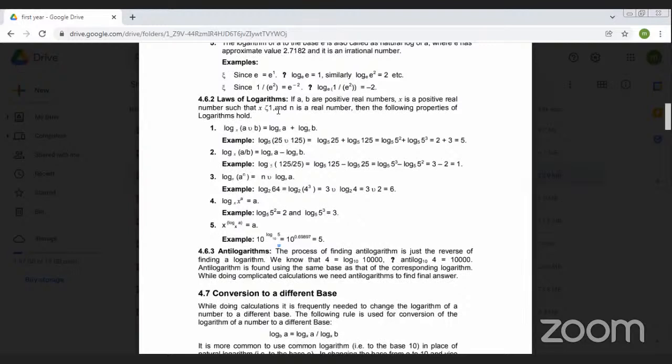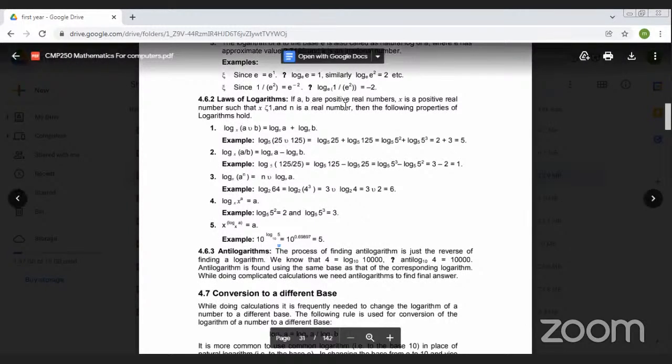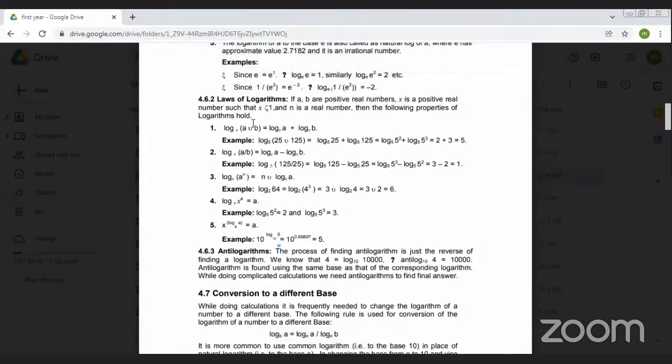So x shouldn't be equal to 1. n is a real number. Then the following property holds. See, when you have a combined multiplication of log, if we split it, it will convert into a plus sign. And if you have a combined division of log, then if I split it, it will give me a minus sign.